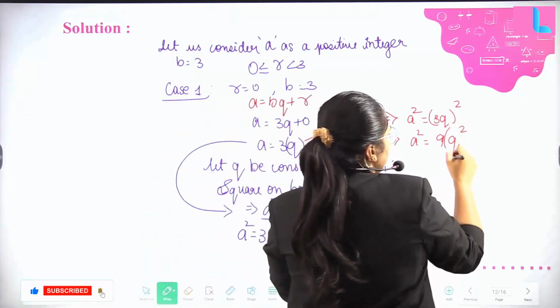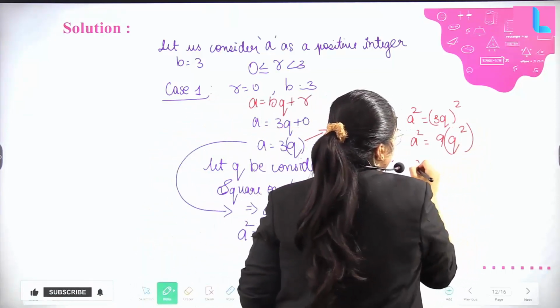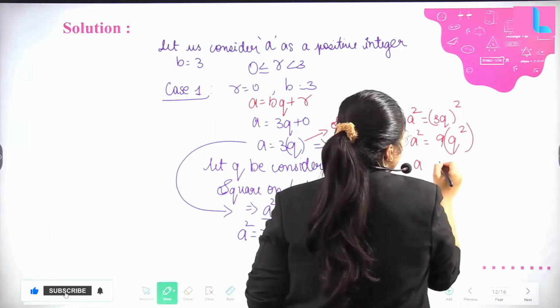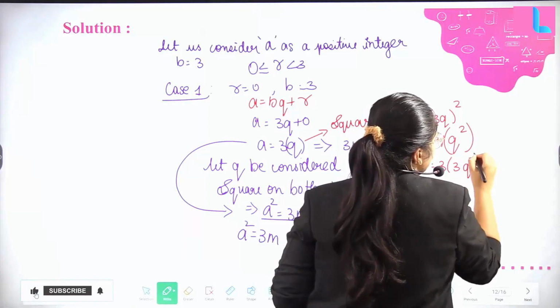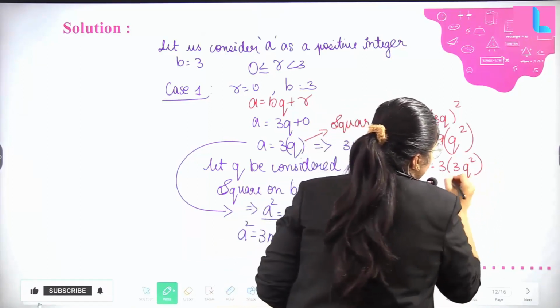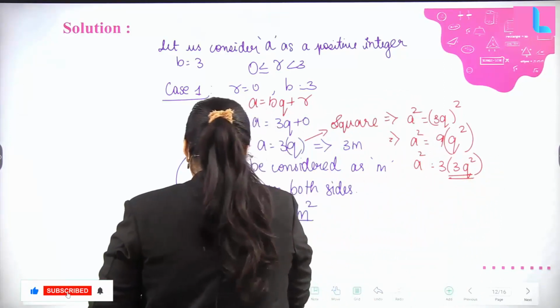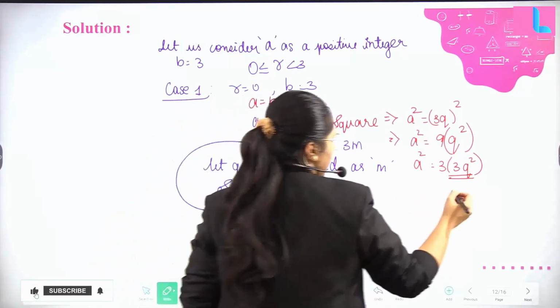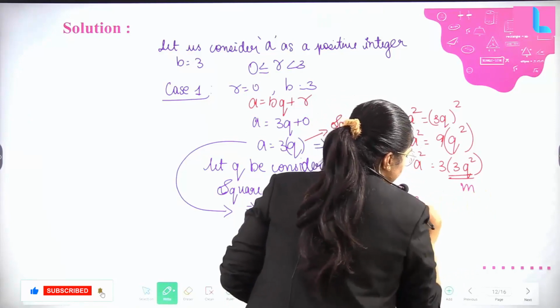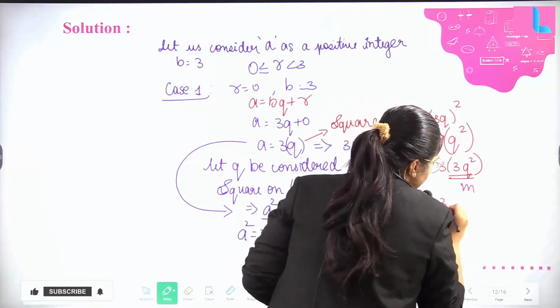Okay, so we have to consider this whole thing as m. We'll take 3 as common. Before that, 3 q square. This whole 3q square is now considered as m. a square is equal to 3m.